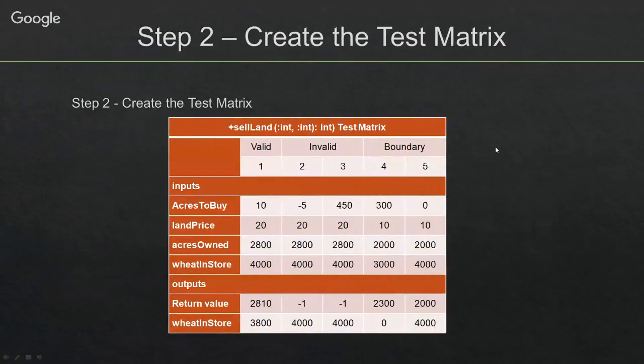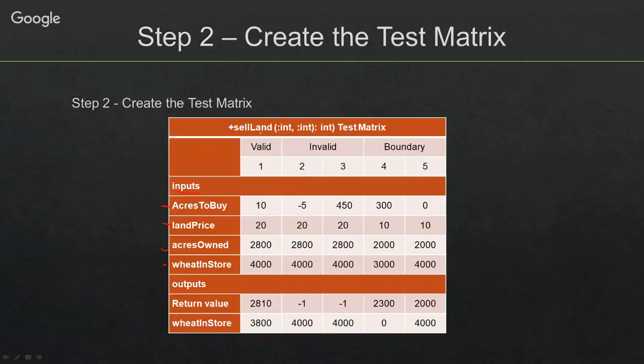So then we create what is called a test matrix. The test matrix is just something so we can visually see how that information we just wrote down goes into play. We have our inputs, which is this section here: acres to buy, land price, acres owned, wheat in store.